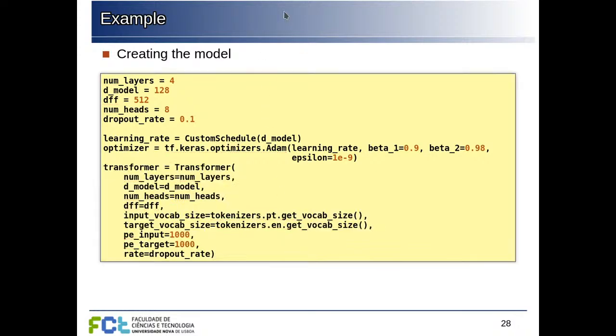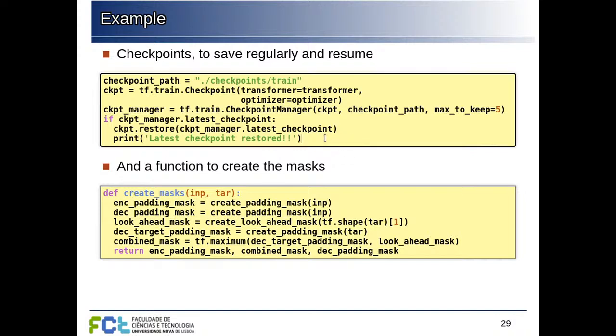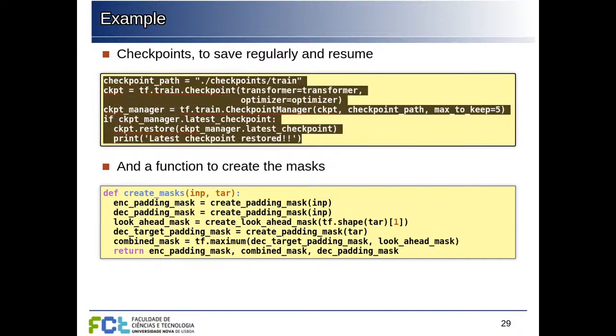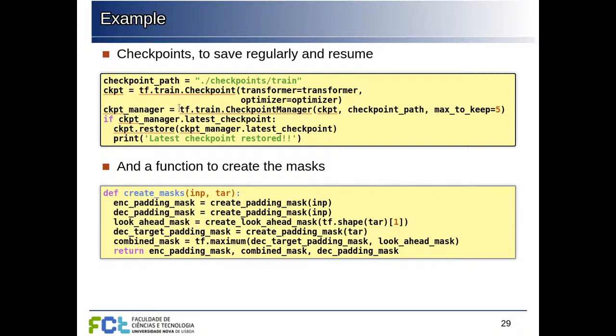So now we are going to also use checkpoints during training. This is useful if you want to save your model regularly and automatically resume training, load the model, so you can use this checkpoint from TensorFlow. You specify the path and the checkpoint manager, and you can specify how many checkpoints to keep, and it will keep track of them and delete the other ones and so on.